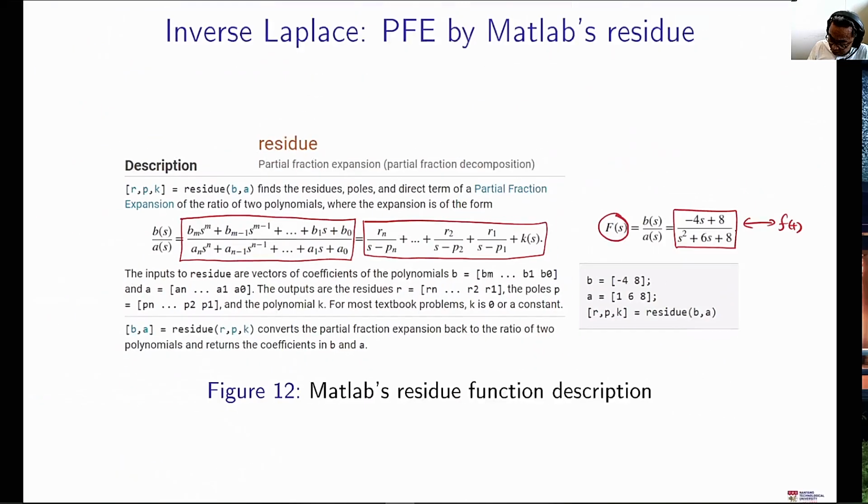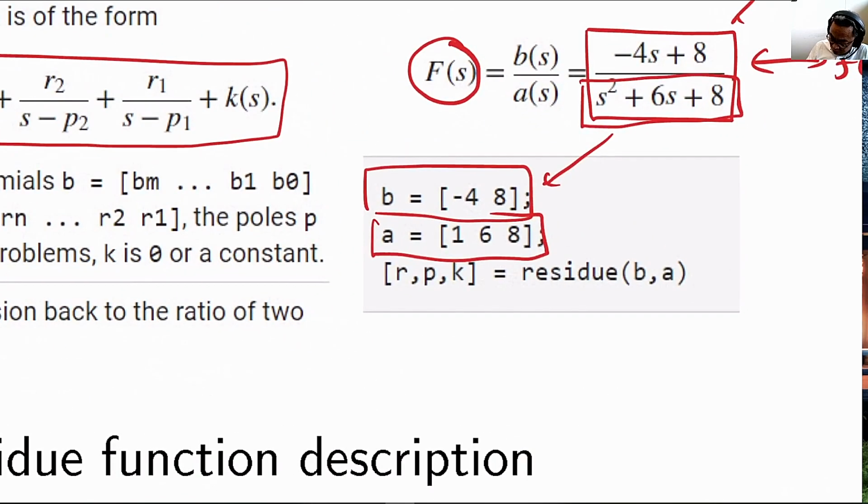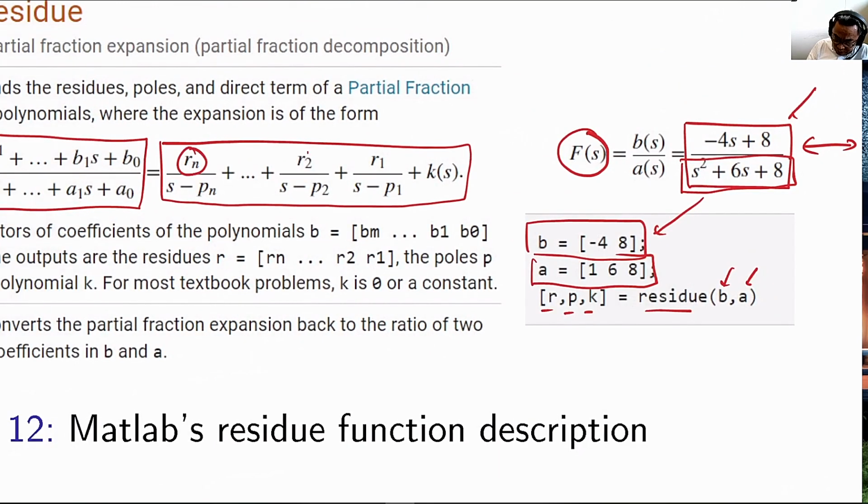If you have MATLAB, this is a one-statement affair. You enter the coefficients of the numerator as a vector b, and the denominator as another vector a. You send b and a into this function called residue, and out comes r, p, k, which are 3 vectors telling you the coefficients of r, which is the numerator on top, the poles p, and k below.